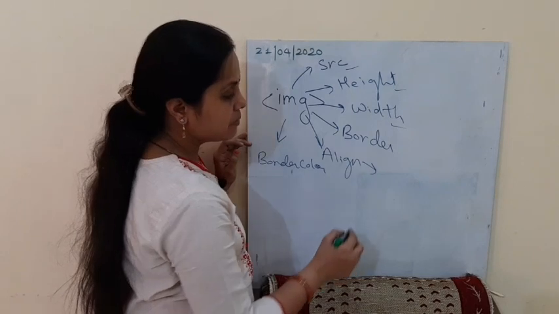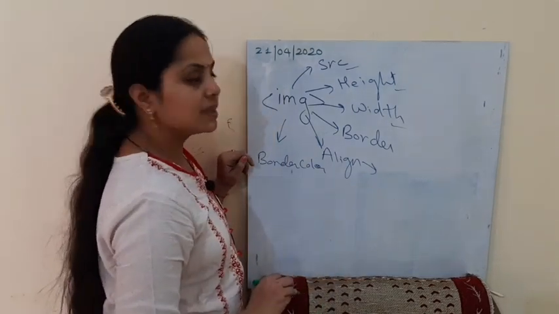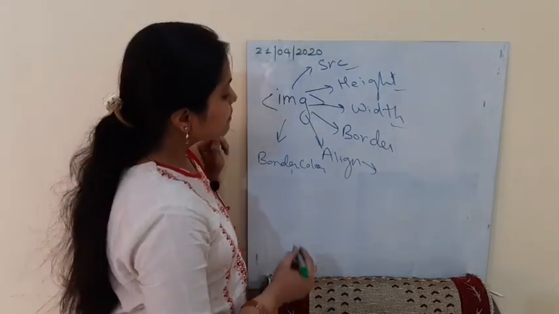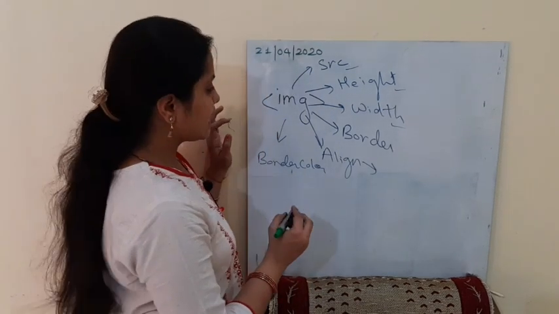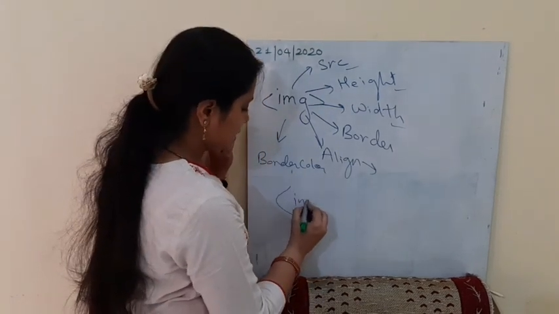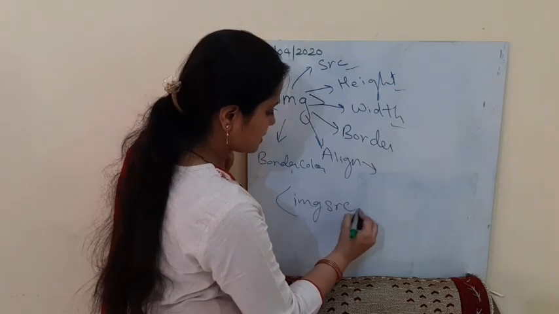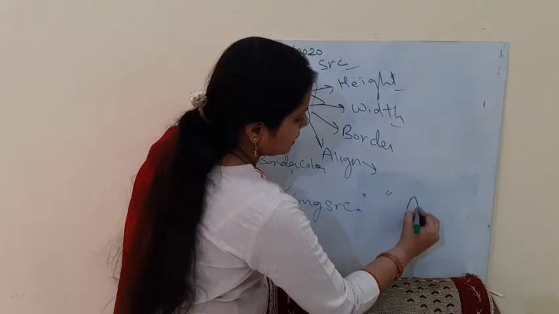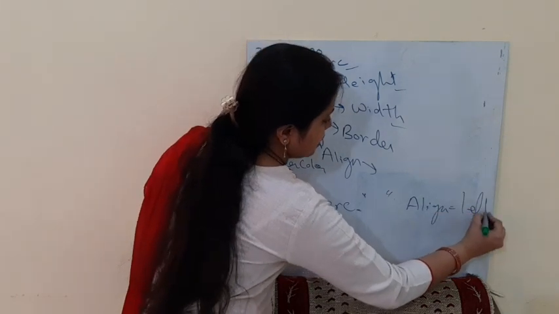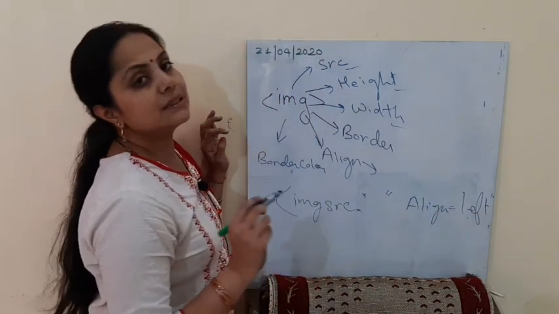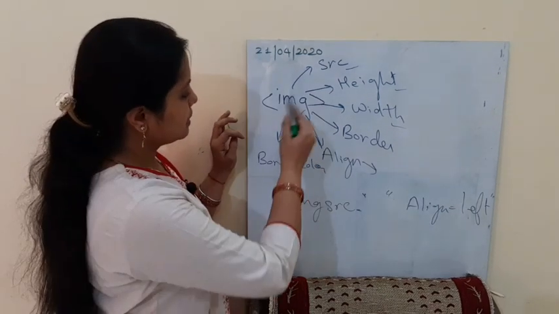you can have alignment. Now here with alignment there is one important thing to note: when I want to apply left and right alignment, it will go like this: img src, align is equal to left, but center doesn't work with the image tag.